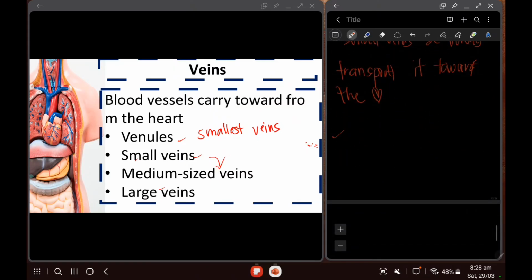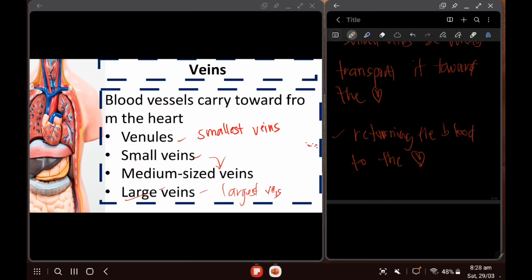Then we have lastly the large veins. This is from the word large, siya yung largest veins natin. Venous system, so it plays a crucial role na returning the blood pabalik sa heart.